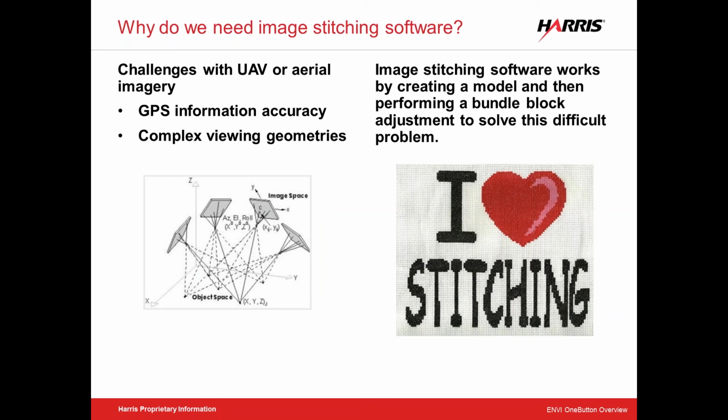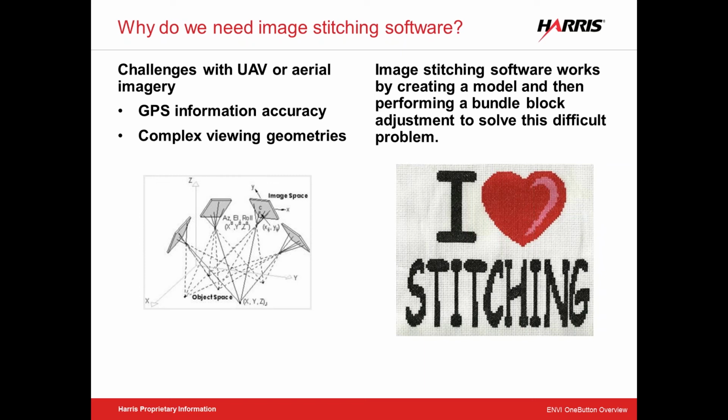And kind of more important than that is getting into the why, when you actually need some sort of image stitching software. When you collect your data, there's a couple different challenges. First off, you have your viewing angle and your sensor orientation.